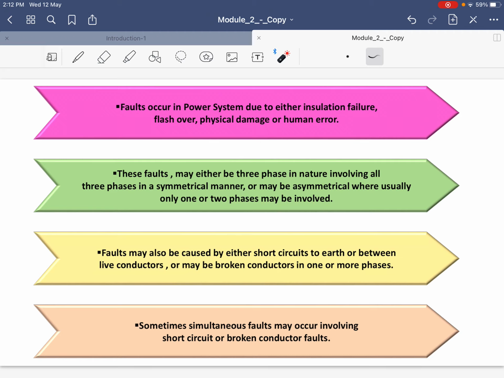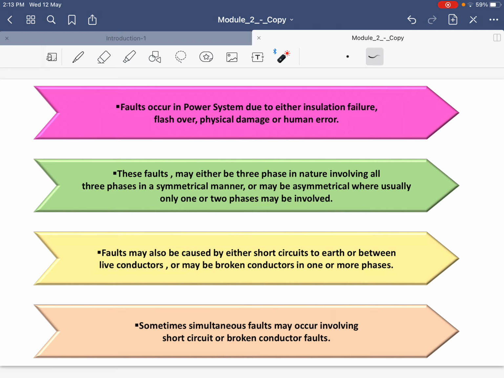Then physical damage, that is, a tower may fall, or some vehicle hits the tower, because of which the live wires get short circuited. Or human error, in the case of a human short circuiting two lines or a line to ground. If anything like that happens, the fault occurs. These are the different reasons for the fault.